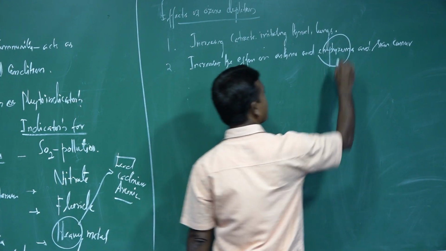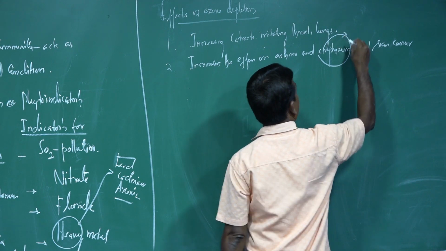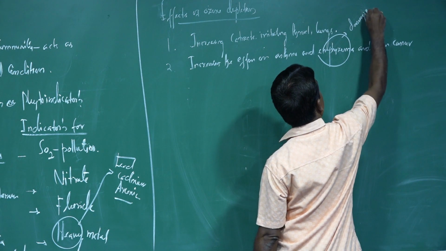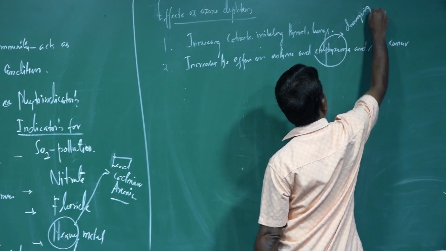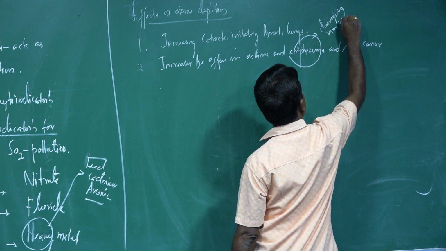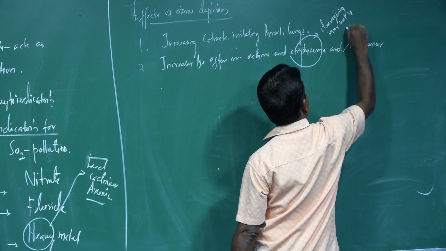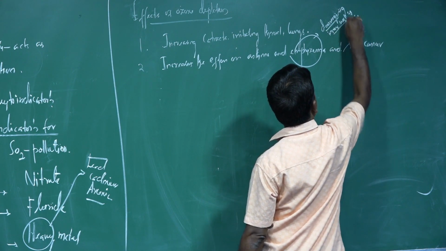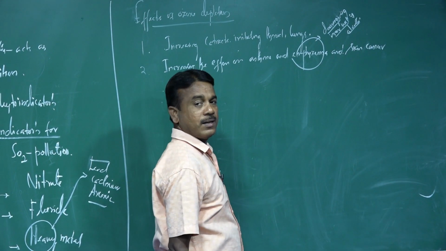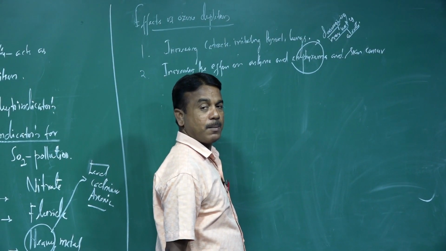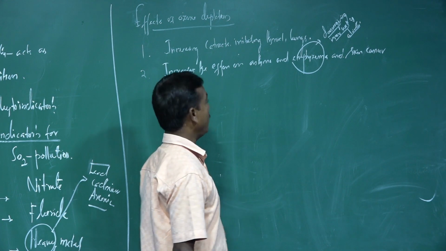It is damage to the inner wall of the alveoli. If the inner wall of the alveoli is damaged, perfect breathing cannot happen and is affected.